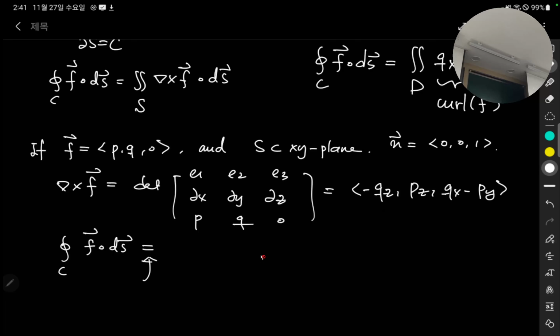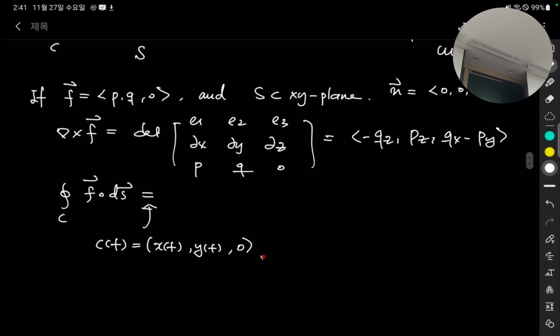Before we put the right-hand side here, let's modify our line integral a little bit. The boundary curve is parameterized by the x component function and the y component function only, because we assume that S lies in the xy plane, which means the z component is always 0, so we don't have to parameterize it at all.